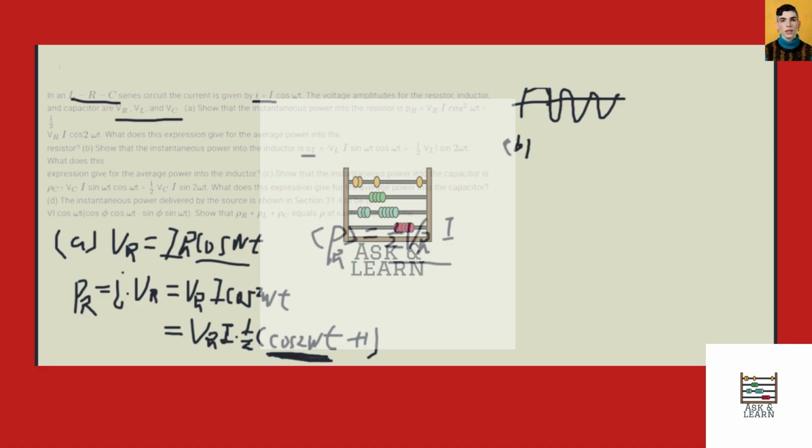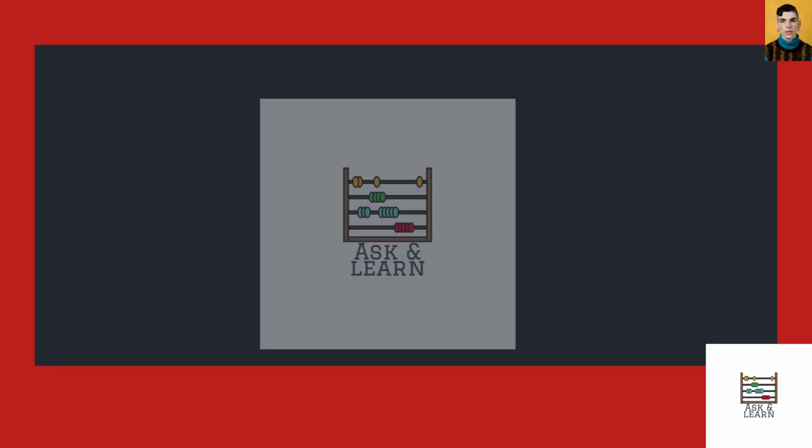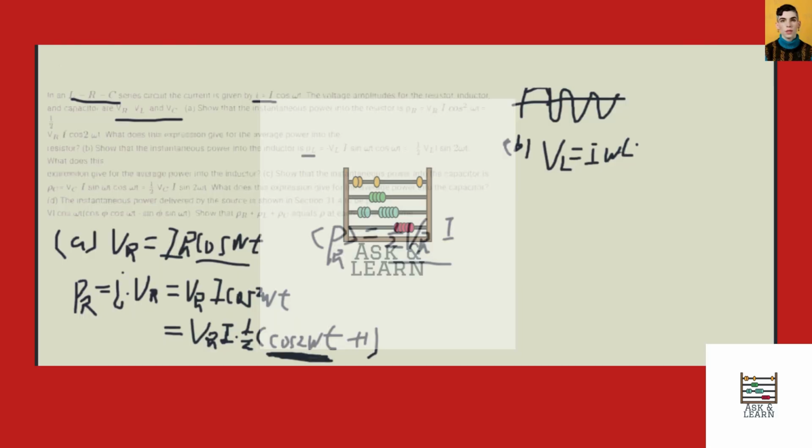So firstly, let's figure out the amplitude, which is I times omega L. Because the voltage leads the current, it will be cosine of omega t plus pi over 2.